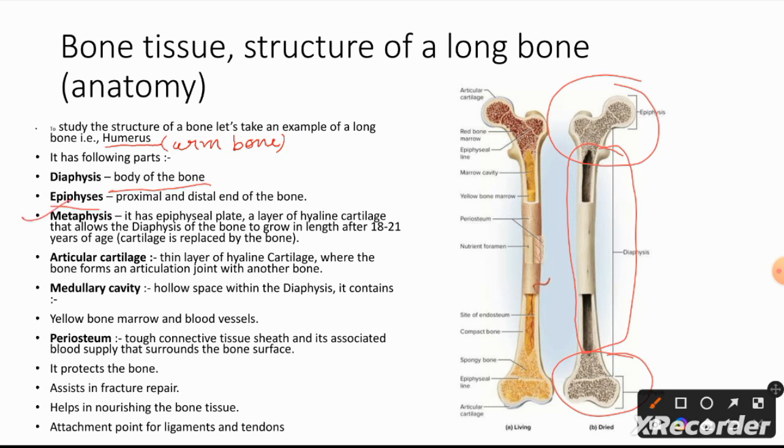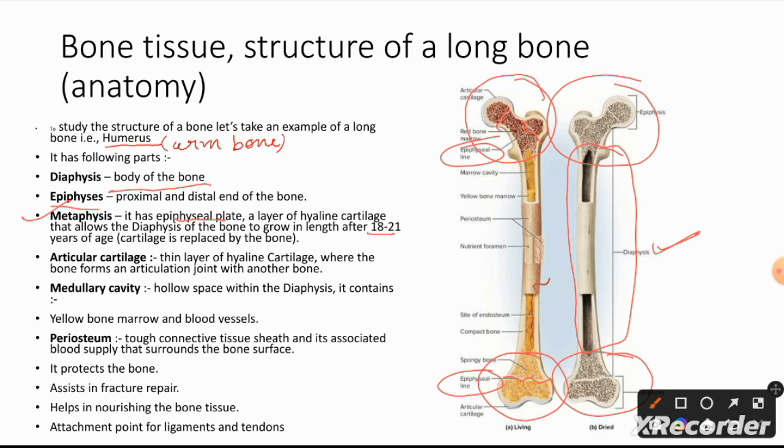Then what is the metaphysis? The metaphysis consists of the epiphyseal plate. You can see here in both the proximal and distal parts there are some lines, and these lines are epiphyseal lines, which allow the diaphysis, the longitudinal section of a bone, to grow in length up to 18 to 21 years of age.